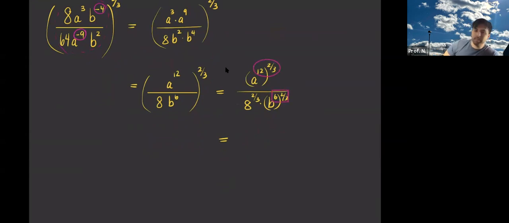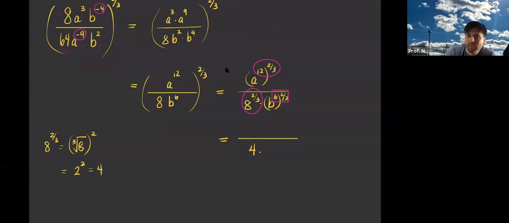And then what is 8 to the 2/3? Let's do that real quick. Isn't this the cube root of 8, squared? Isn't the cube root of 8 equal to 2? And squaring that gives me 4. So don't I get 4 in the denominator?